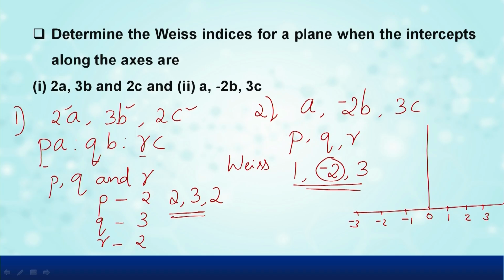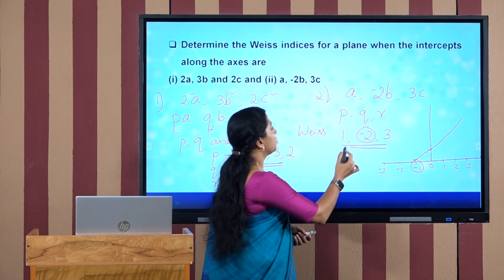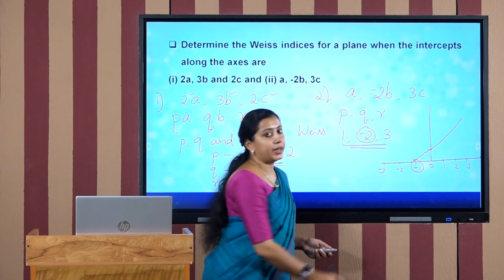Suppose the graph is like this. If we extrapolate the graph to find out the intercept, we can see that it extrapolates like this and touches the point minus 1. So, the intercept here will be minus 1. So, the Weiss coefficient can also be a negative number. So, that is 1, minus 2 and 3.